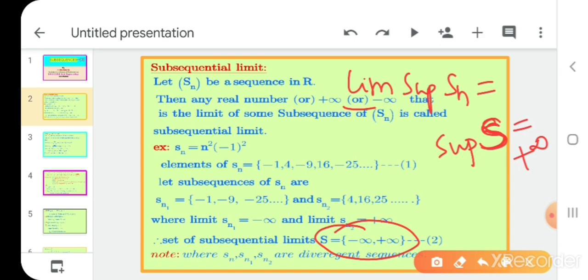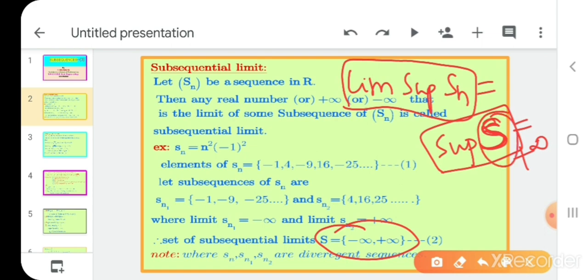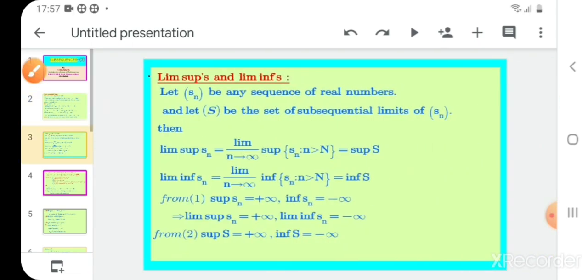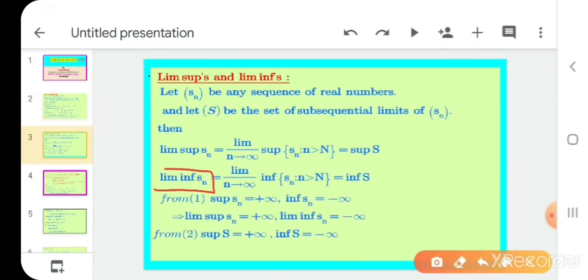If you want to find the limit supremum of Sn, first we find capital S, that means the set of subsequential limits. Then we take the supremum value. It equals the limit supremum of the given sequence. Next, what is the limit infimum of Sn? The limit infimum of Sn equals the infimum of capital S.